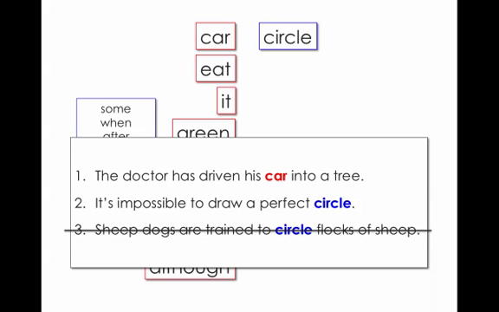Now, we can use grammar terms to explain the difference here. We can say that in sentences 1 and 2, the highlighted word is a noun, and in sentence 3, the highlighted word is a verb.